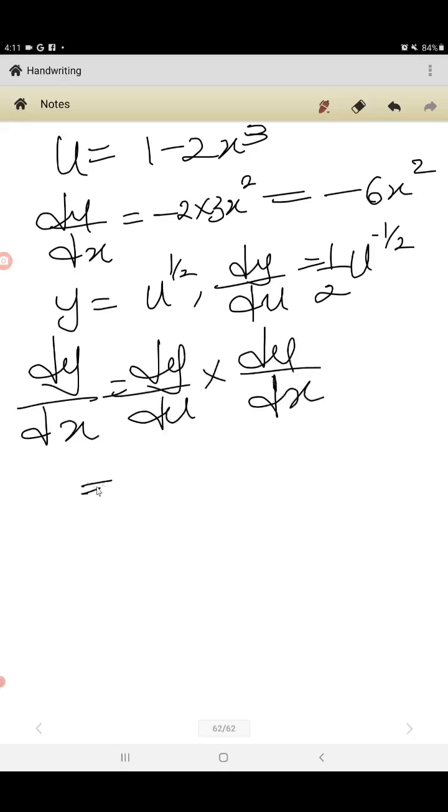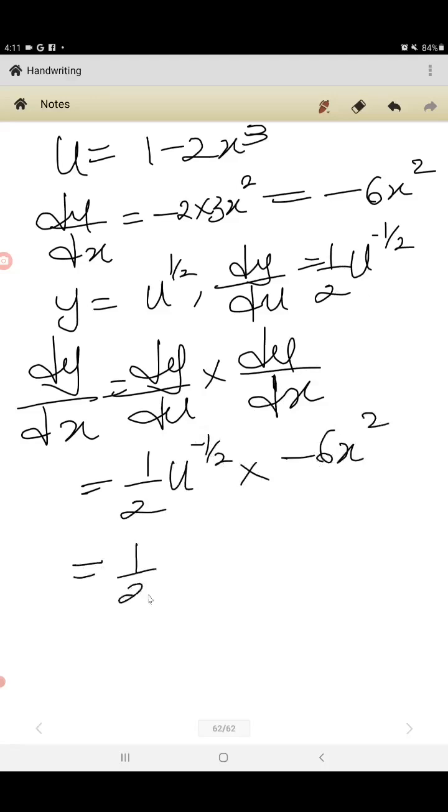So what is the value of dy/dx at this junction? dy/du gives us 1 over 2 u raised to power half, multiplied by du/dx, which gives us minus 6x squared. It will now be half times 1 over u raised to power half multiplied by minus 6x squared.